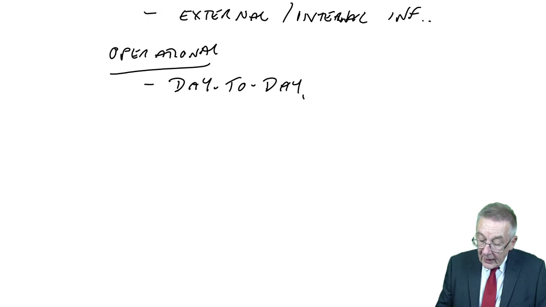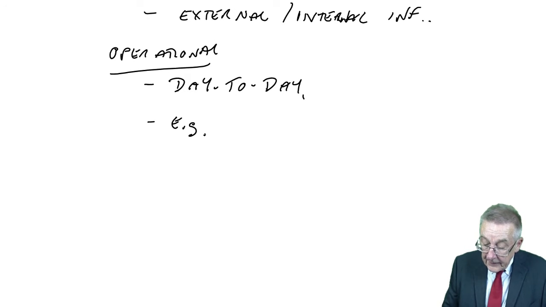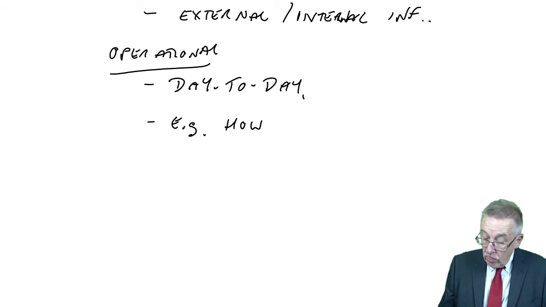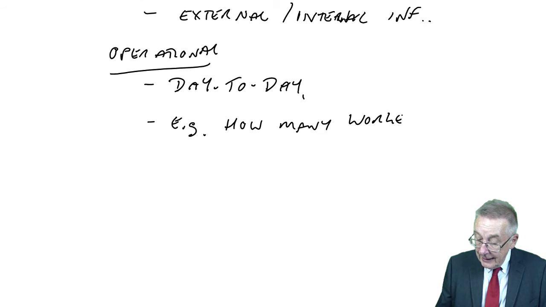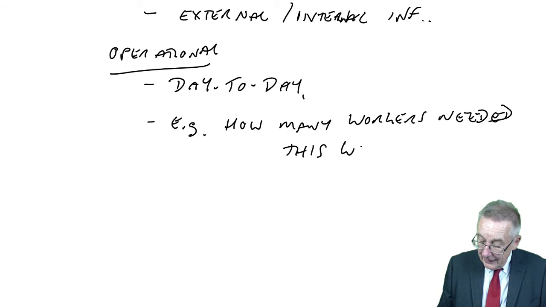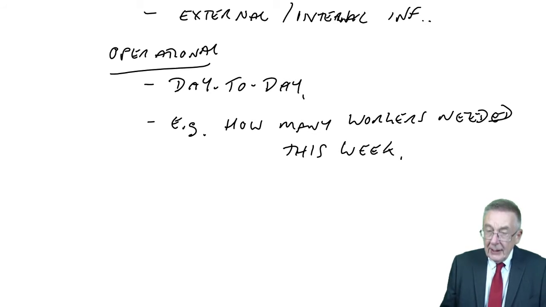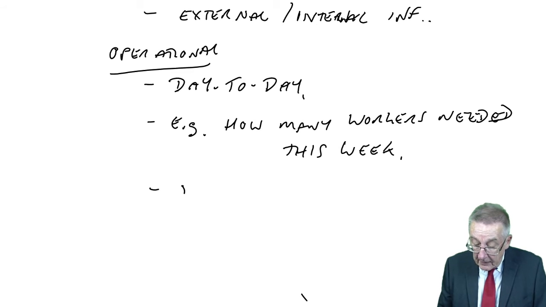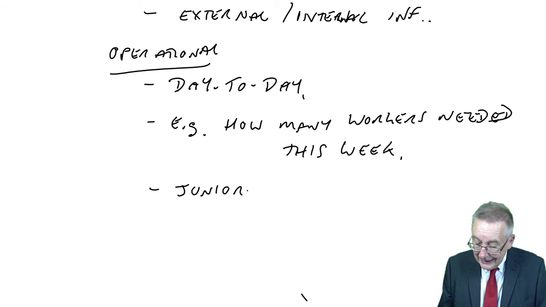Here we go. The day-to-day things like how many workers needed this week. Day-to-day running, day-to-day control. It tends to be junior management involved.